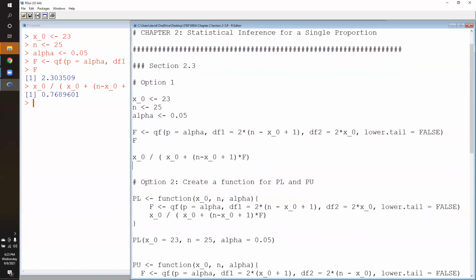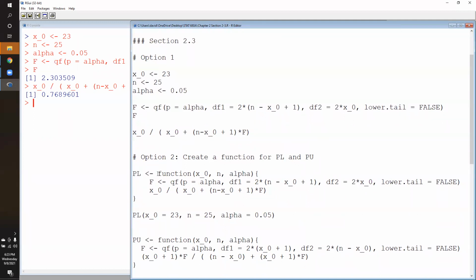I could create a function for PL and PU. Okay, so my function is going to have certain inputs. So I'm going to input our x0, the n, and the alpha level, right? And in this function, I have the curly brackets, right?